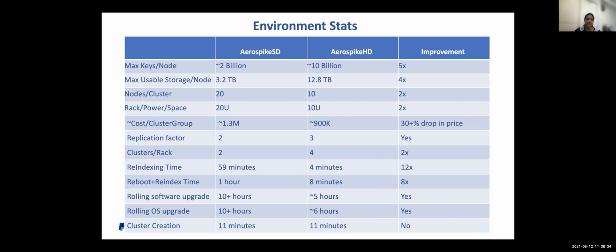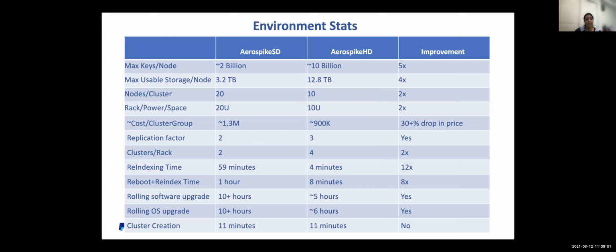And with this, we are getting more savings in terms of rack, power, and space in data centers. Overall, our cluster group cost has dropped by 30%. Also, with the higher density, we are able to increase our replication factor from 2 to 3.